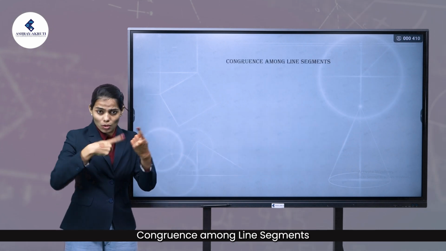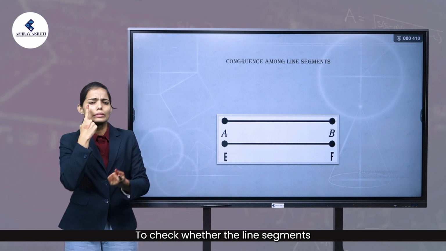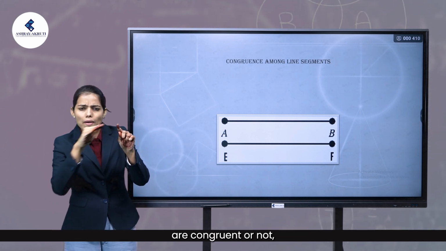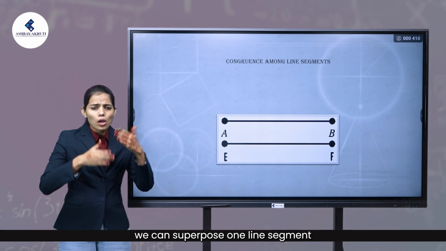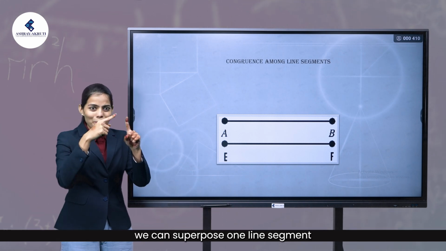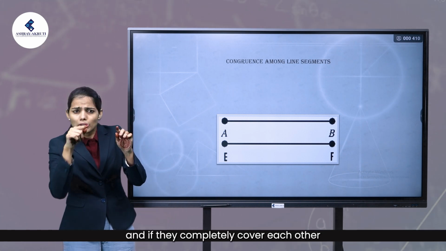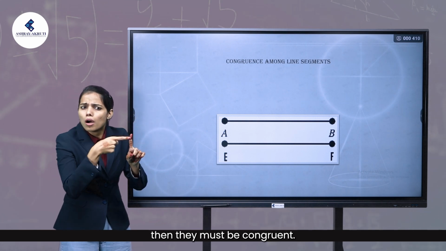Congruence among line segments. To check whether the line segments are congruent or not, we can superpose one line segment over another, and if they completely cover each other, then they must be congruent.